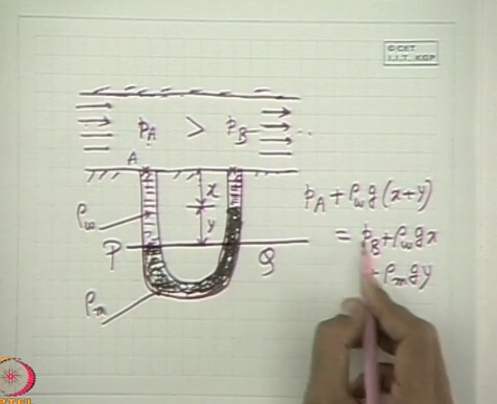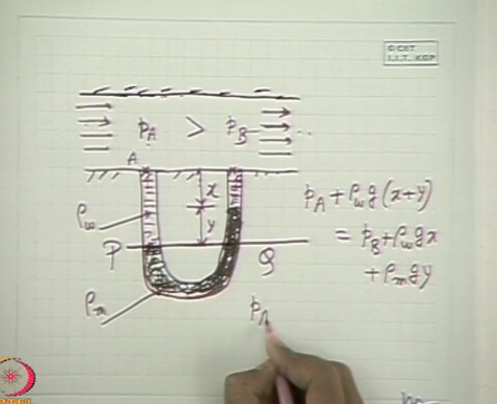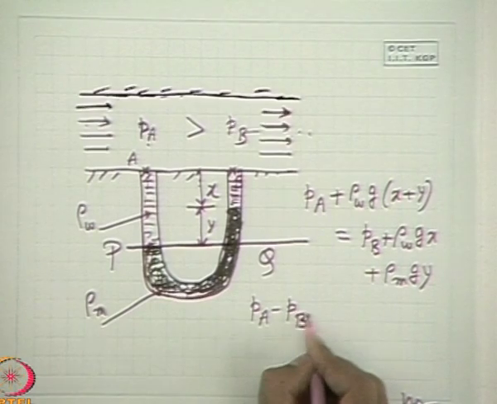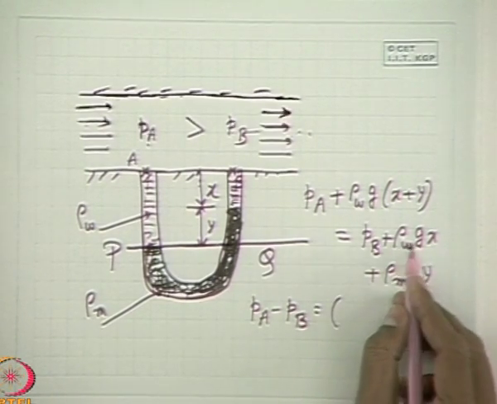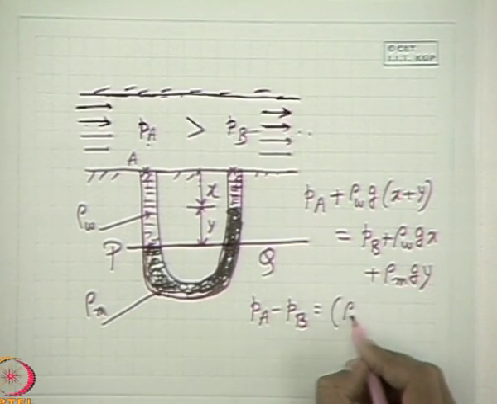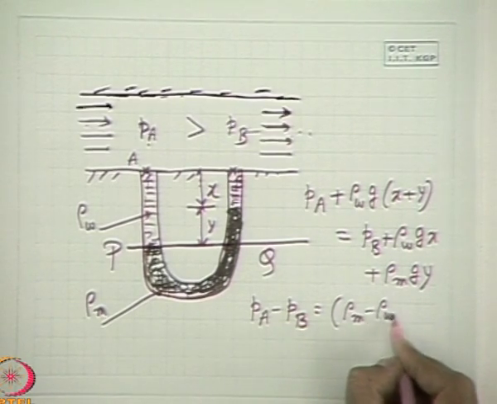That means Pa minus Pb will be equal to, because rho W g x cancels from both sides, y g into rho m minus rho W.